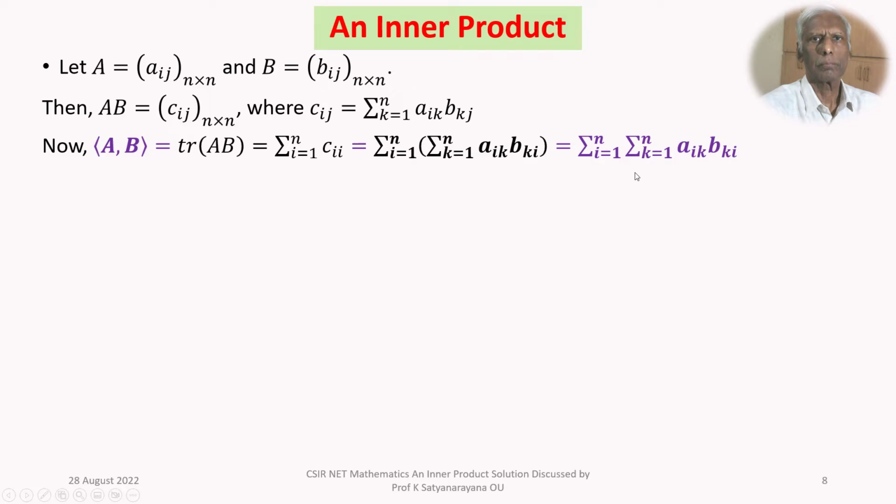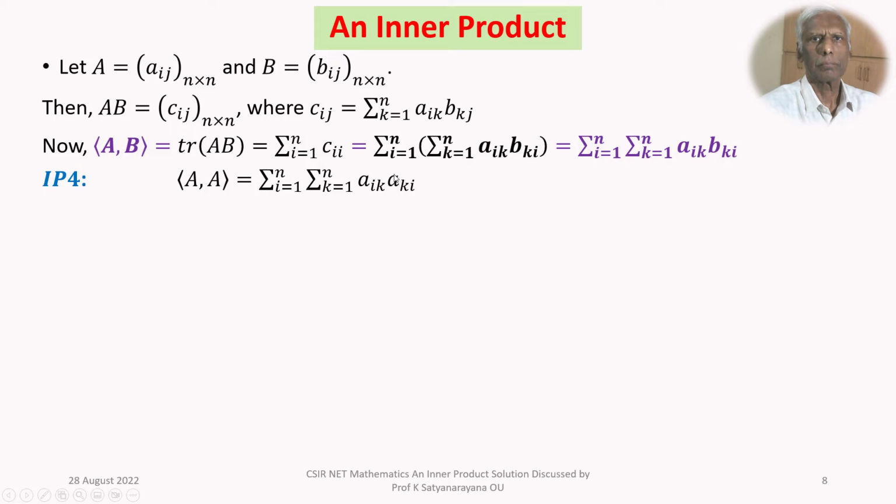So now you take any matrix capital A, we verify the fourth property IP4. Bracket A comma A is equal to sigma i equal to 1 to n, sigma k equal to 1 to n. In the place of B, Bki, you write Aki because we have A comma A. Now for this Aki I can write Aik.